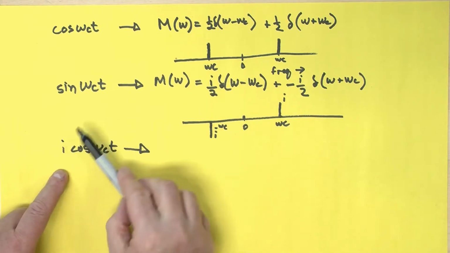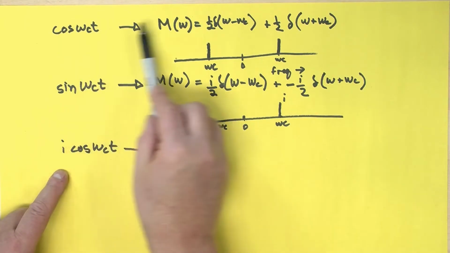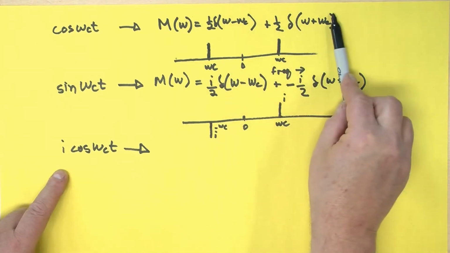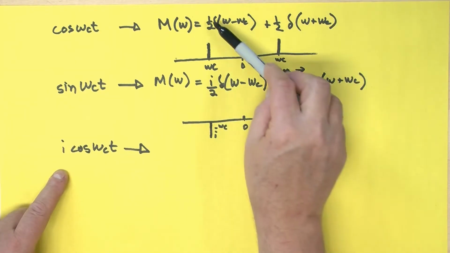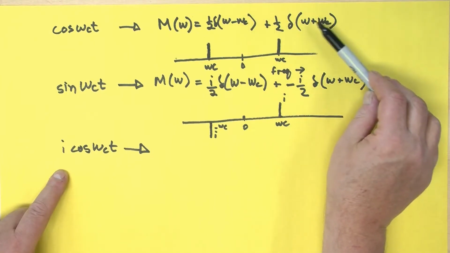Well, it's very simple. If we've taken this and multiplied it by I, all we need to do is take this and multiply it by I. So we'll just change these 1/2 to i's.